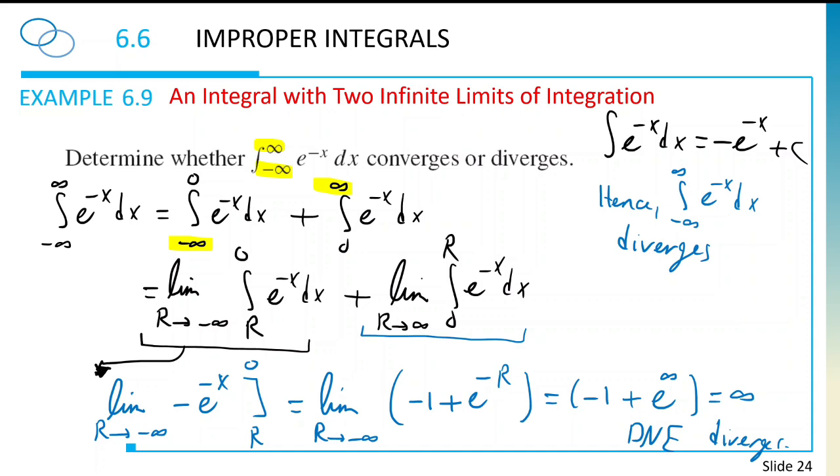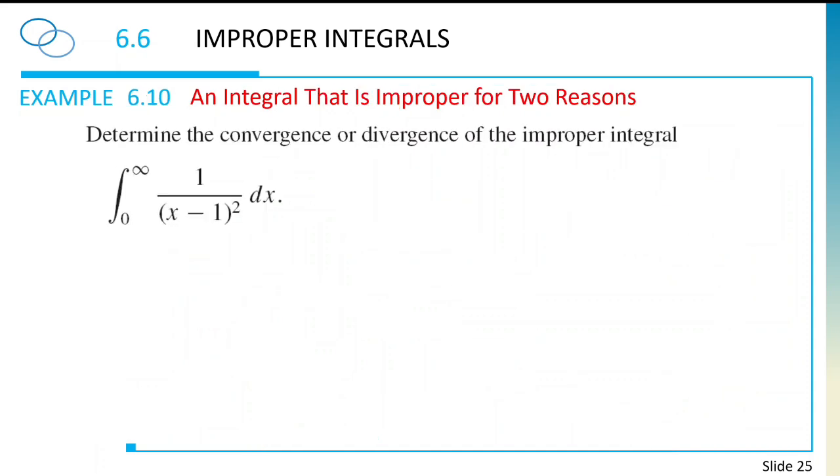Now our last example about these cases of the improper integral, we have this special case here. I have the integration from 0 to infinity for 1 over (x minus 1) squared. Again, as usual, I have to check the continuity for this function. Numerator has no issues.